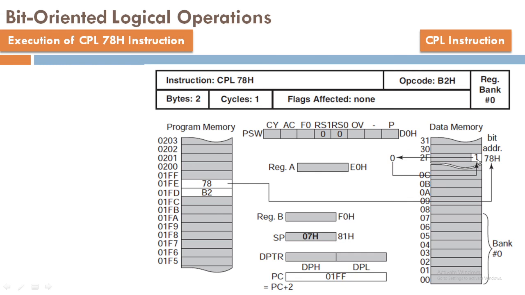Here the content is assumed to be 1 initially, so it will become 0 and that 0 will be saved here. So after the execution of this instruction, the content at the bit address which has been given here will be complemented. If it is initially 1, it will become 0 after the execution of the instruction, and if it was initially 0, it will become 1.